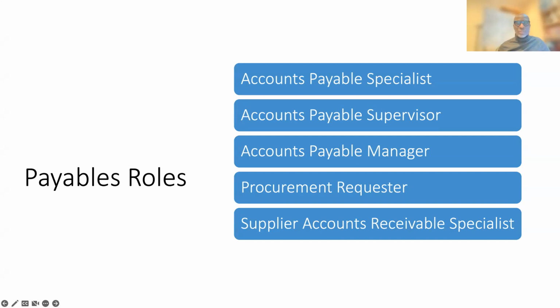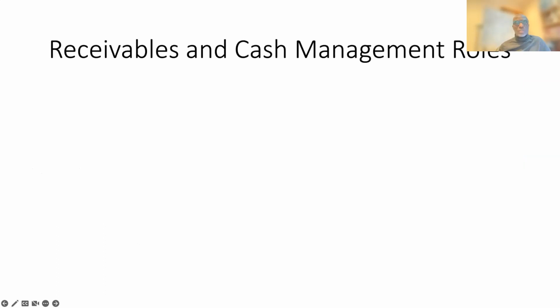But the first thing you're trying to do is map the activities that each person does within the organization to each of these standard Oracle roles. And if you need to make changes to them, you start to identify the changes that you need to make from a roles perspective. And this will also help you when you're planning how long it will take to put in the security matrix and so on.